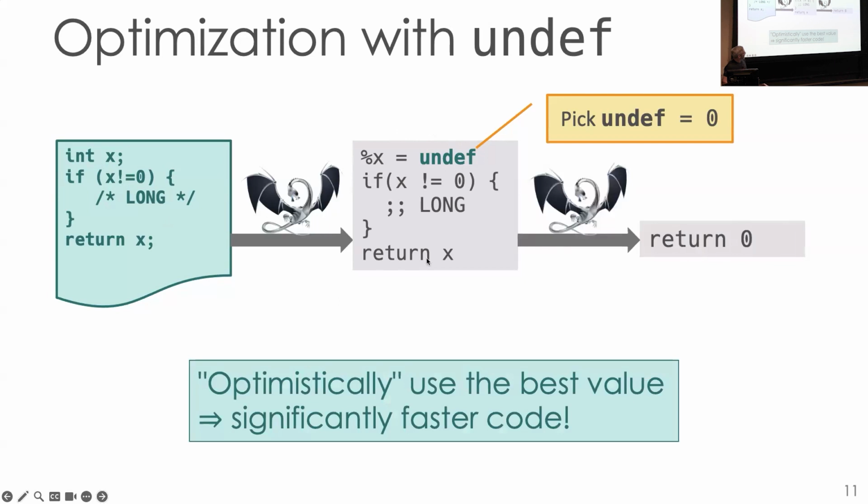If you can show that X is undefined around this loop, the compiler could refine this program by picking a very good choice of this undef value, which happens to be 0. And so this long computation can be eliminated by the optimizer. So the presence of undef is justified by the compiler implementers because it lets them be very aggressive in their optimizations.